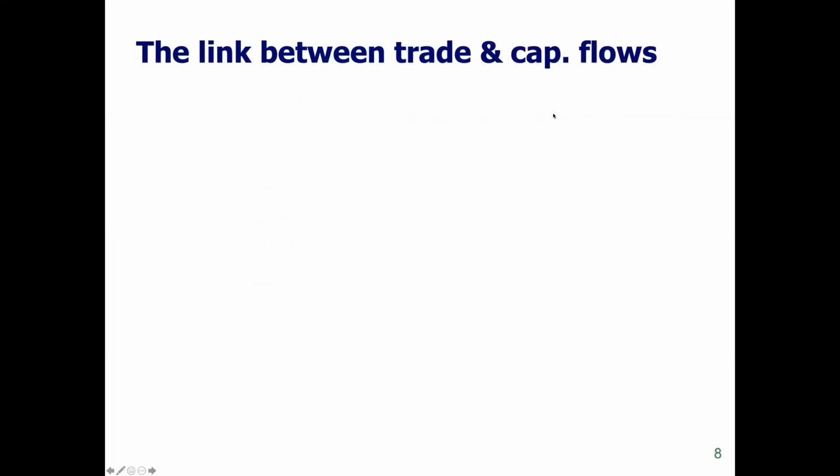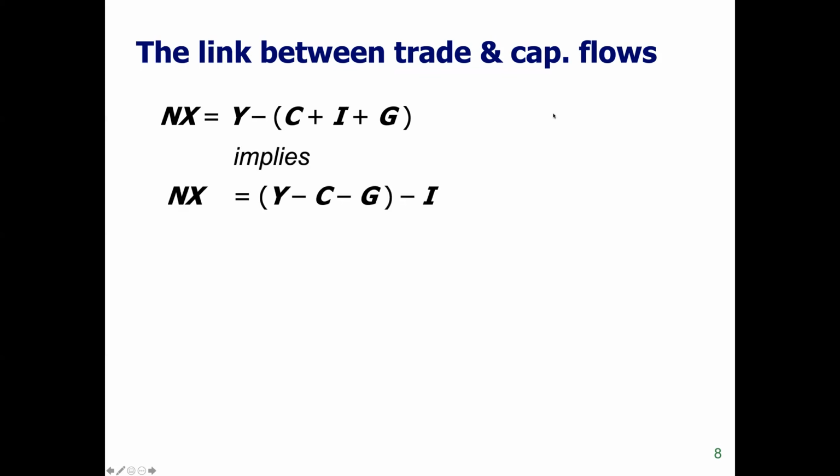Now, there's a link between trade and capital flows, and we can see it by looking at the national income identities. So we know that net exports is output minus quantity C plus I plus G. That implies that, just rearranging a little bit, net exports is Y minus C minus G minus I. But guess what?